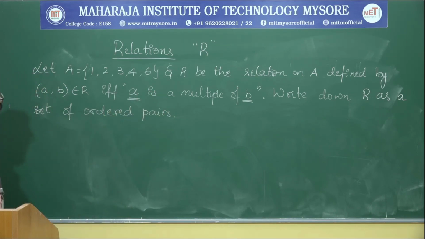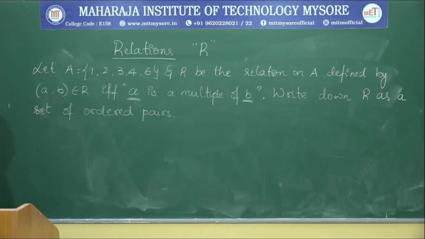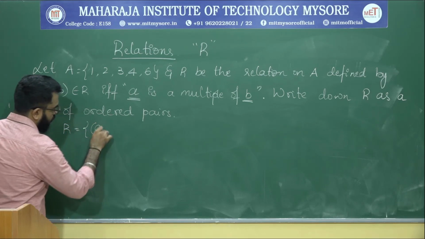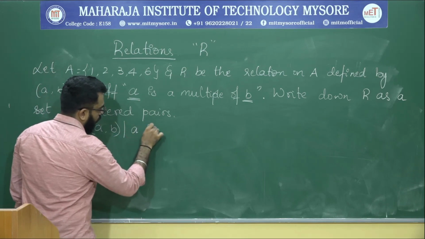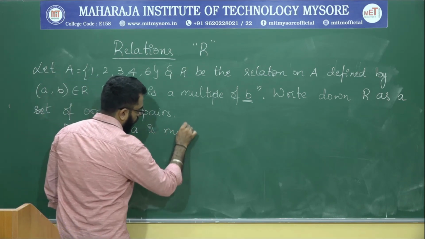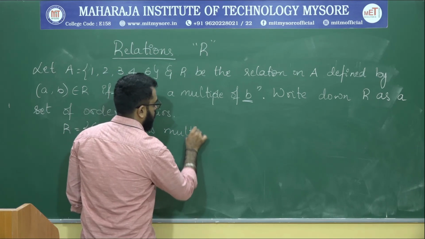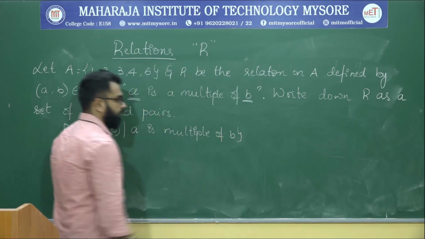So by the given, how do we identify? By the given we identify that R is a set of ordered pairs where a is a multiple of b. Accepted?